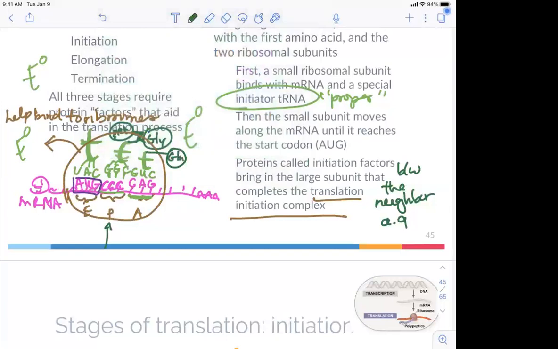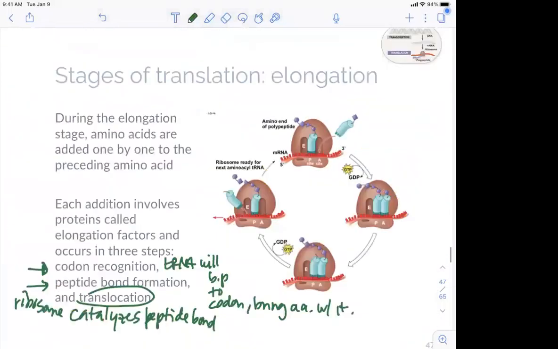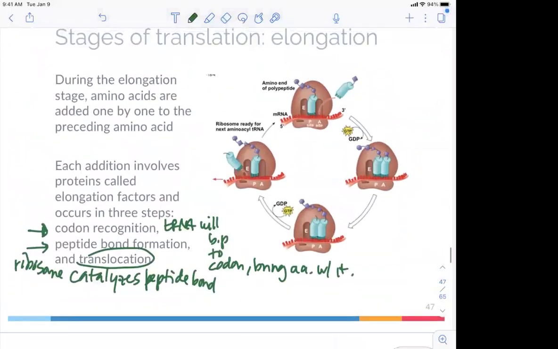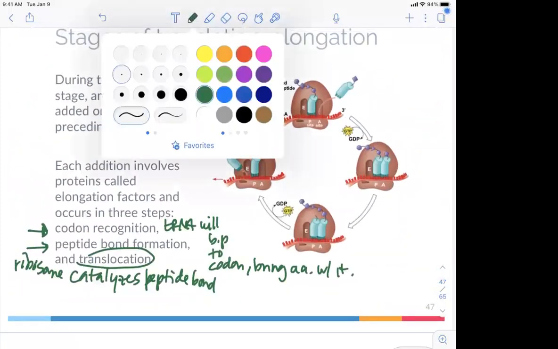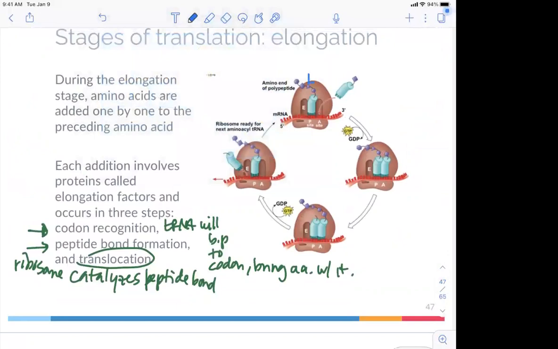Okay, and so this is going to keep happening. Everyone's going to move over a codon. You're going to translocate, move over a codon until you finally have this growing polypeptide. This is going to be this step right here.